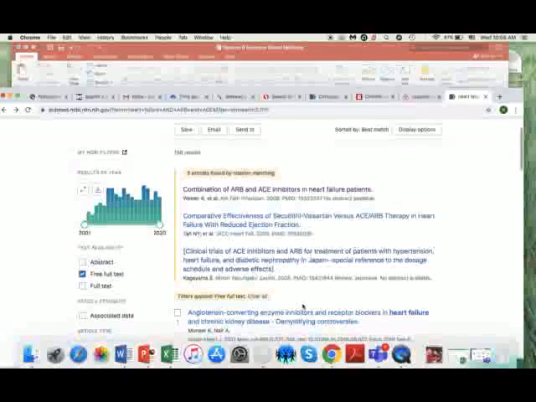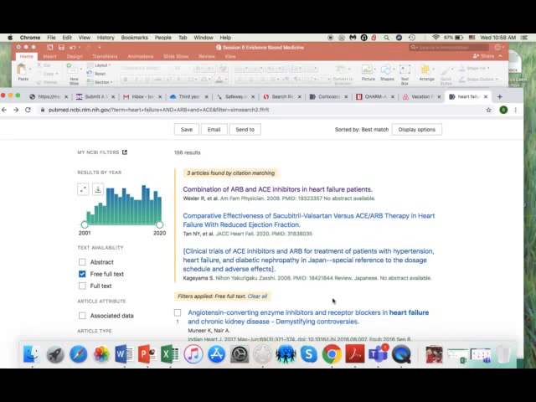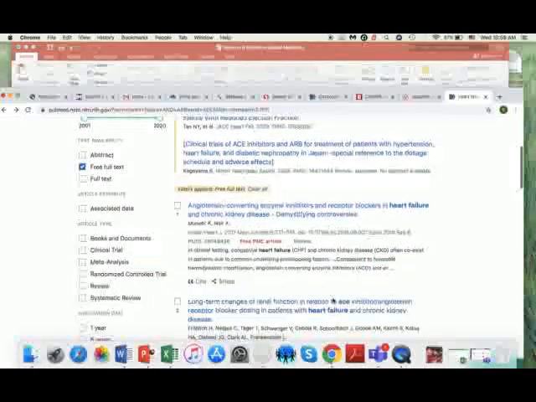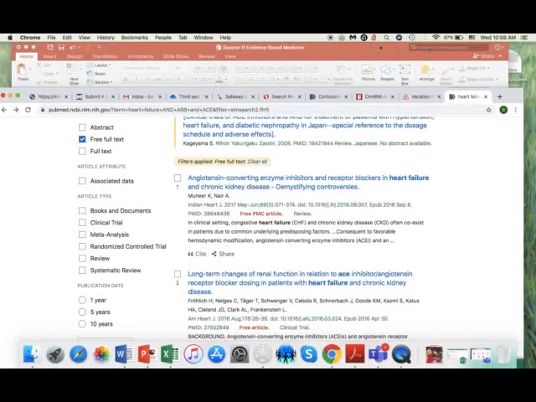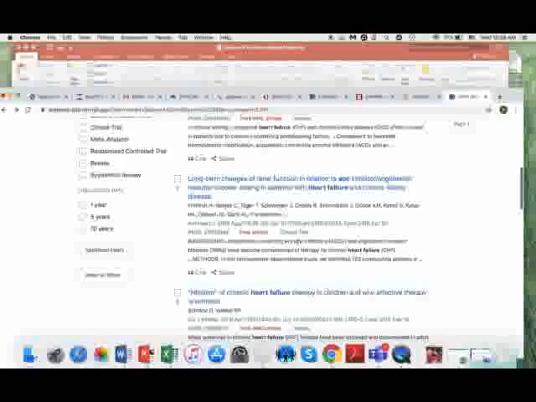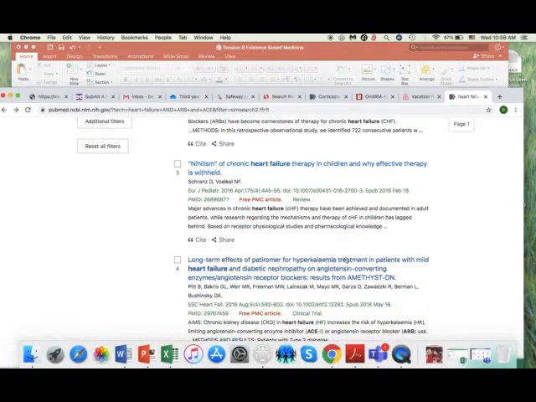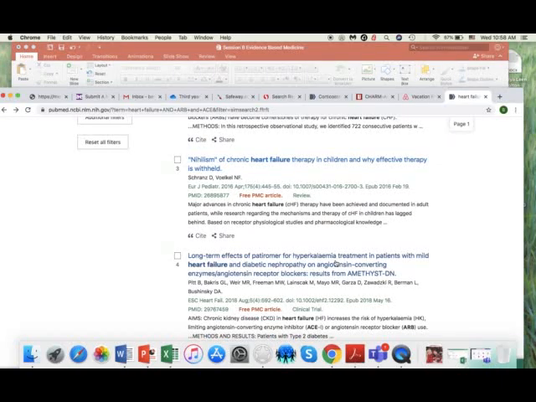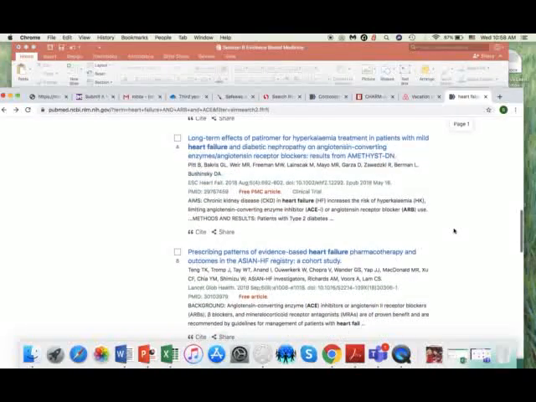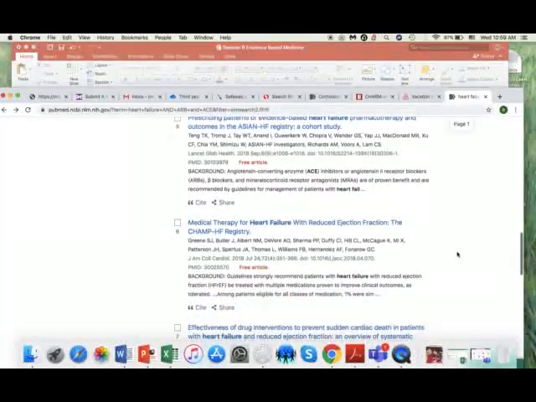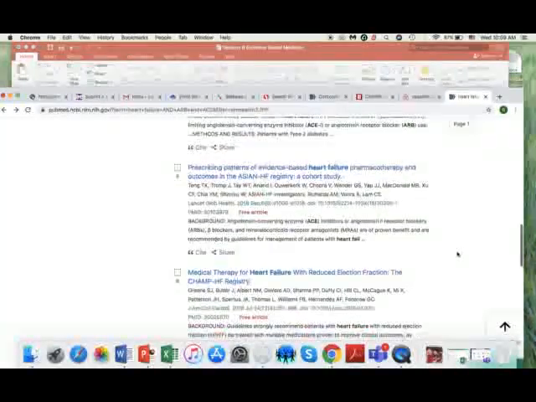So we can kind of just review any of these that might give us information about our patient. So sometimes we'll just read these different articles. Okay, this one's more talking about effects of this one medication giving hyperkalemia. This one's a different study that was done, a cohort study on different ways of treating heart failure.